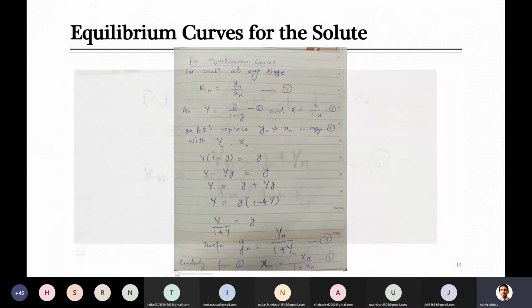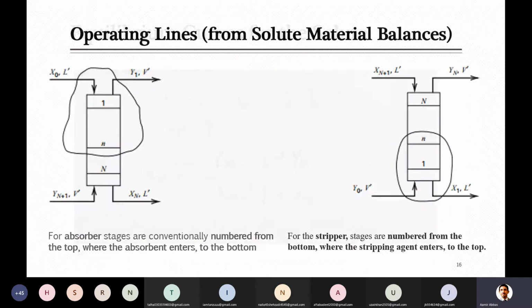So in order to draw the operating lines, first of all, here again the same diagram is shown, which I explained to you at the start, that there is an absorber, liquid is entering and leaving, and how the streams are numbered, as well as for the stripper. Here the streams, when they are leaving or entering, are called terminal points.